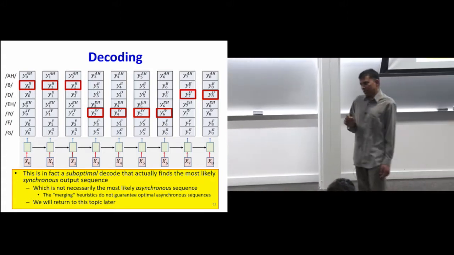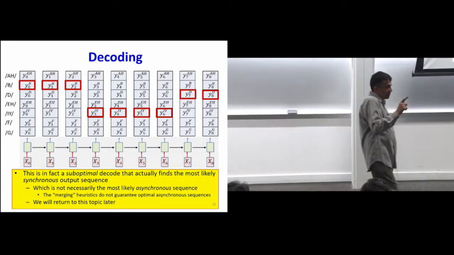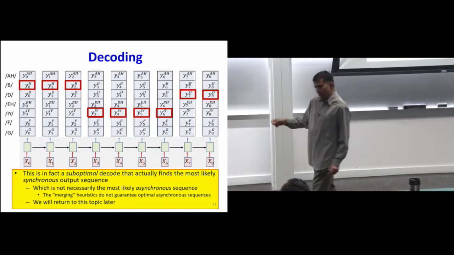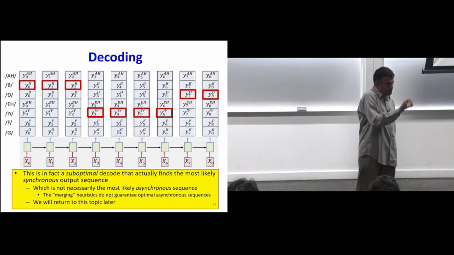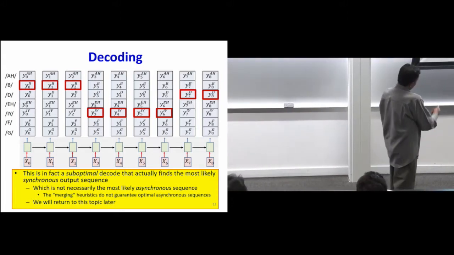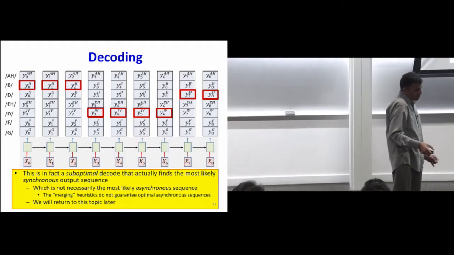What do I mean by the synchronous output sequence? It means that I'm producing a single symbol at each time, finding the most likely symbol sequence, and then patching them together.